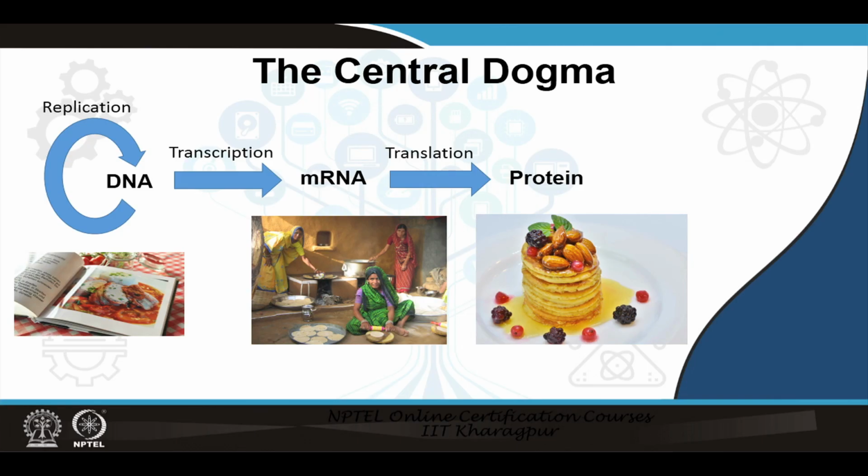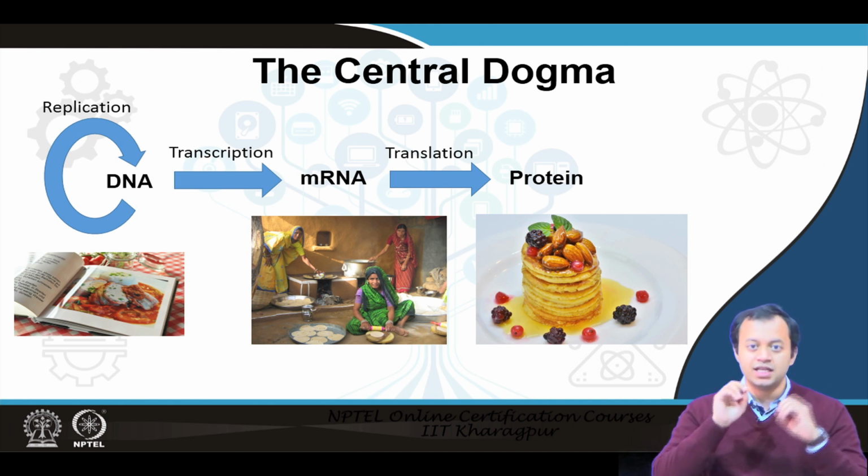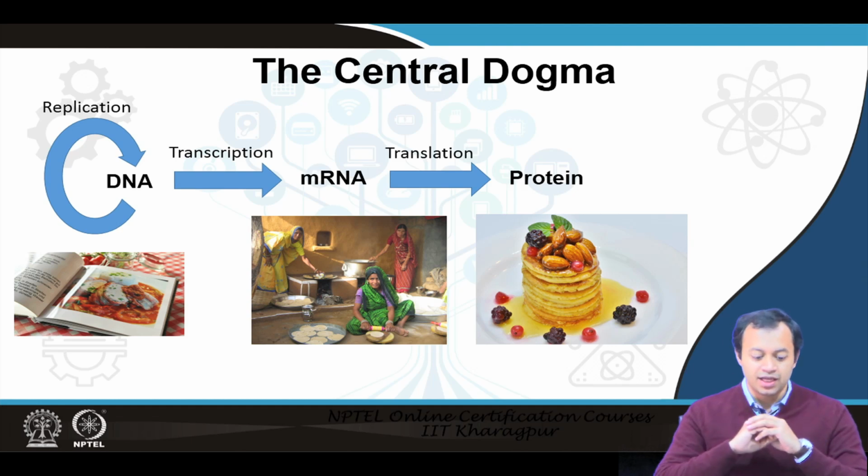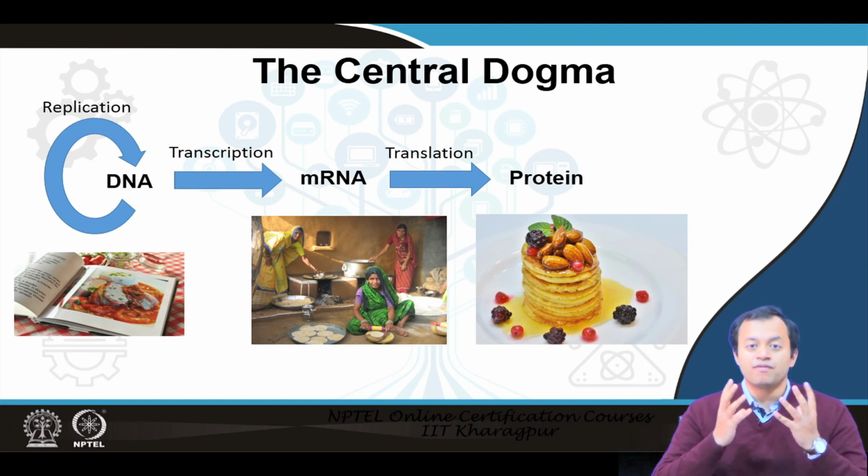So, last time I discussed the central dogma. DNA is basically information, it is the recipe book, it is the idea. In the recipe book or in the circuit diagrams, you have the ideas of different circuits, everything in between. RNA is the actual process of cooking.